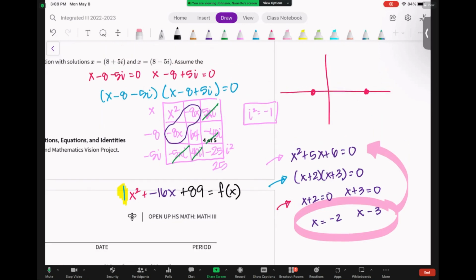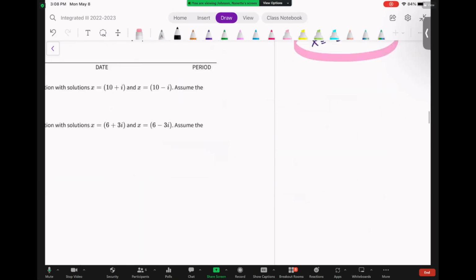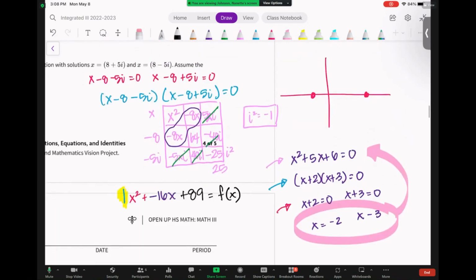And then what happens is you're like, okay, but Miss Johnson, how would you check it? Well, checking one of these would be you plugging this in to x here, and it should come out to be 0.